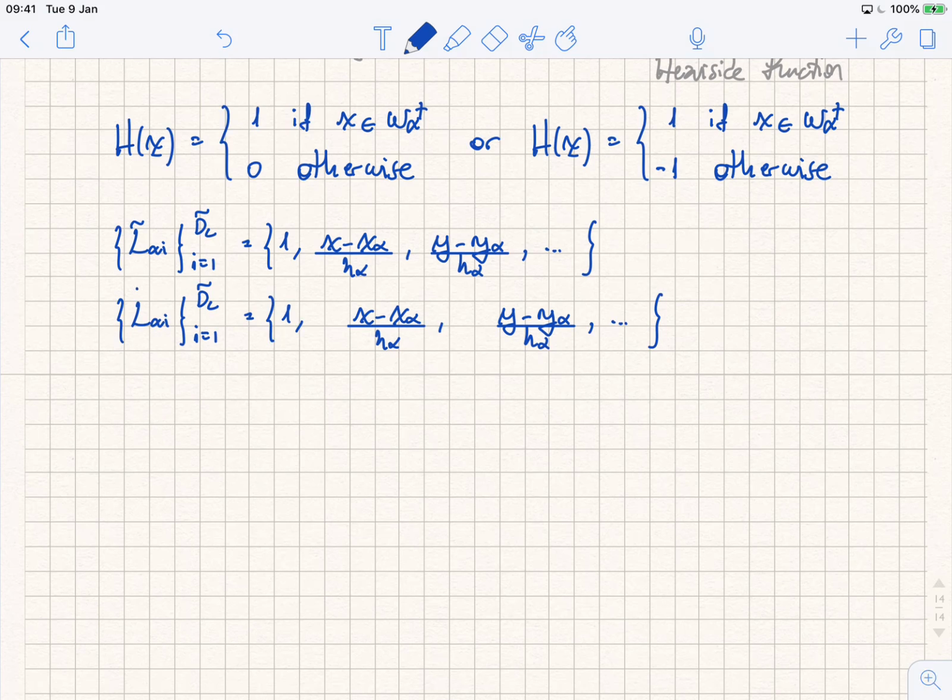Okay, so we're going to have h, the Heaviside enrichment, and then h times this function, and then h times that other function, and so on. And this is the way you're going to build your enrichment functions.